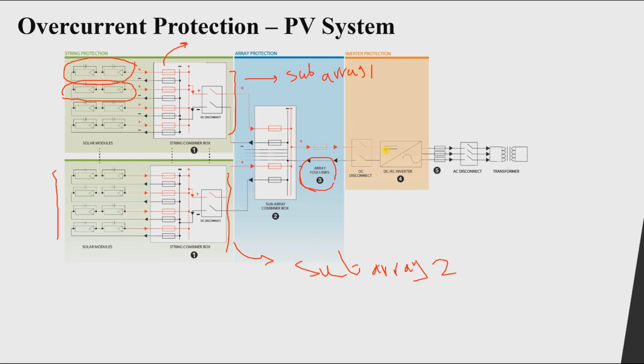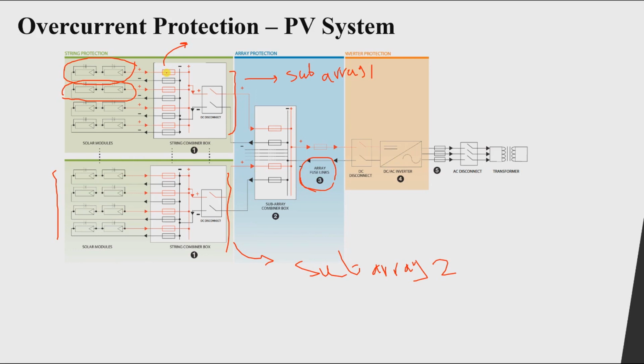Now the first question, number 1: do we need fuses in the positive and negative terminals, or is it enough to add a fuse or a breaker on the positive terminal only?